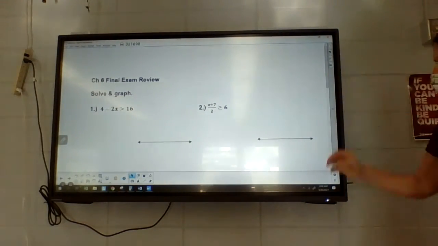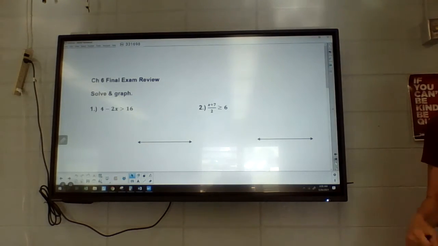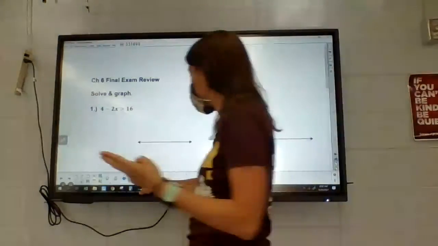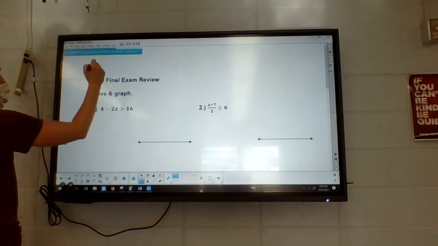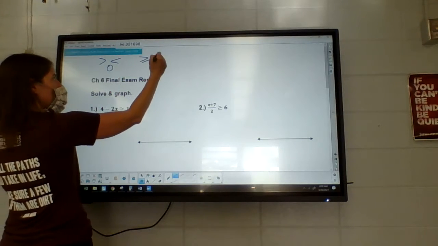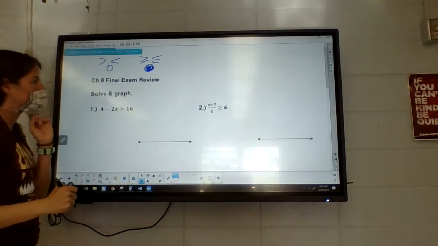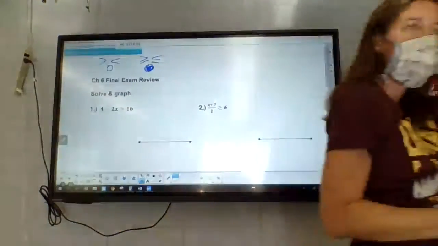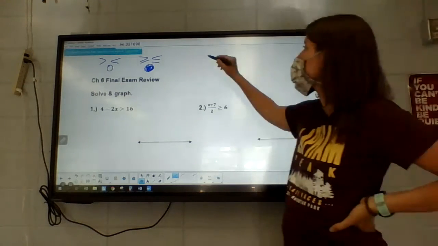So the big things to remember with graphing inequalities, there's two things we had to remember. One of them is an open versus closed circle on my number line. And then the other thing is if I multiply or divide by a negative, I have to flip the inequality.